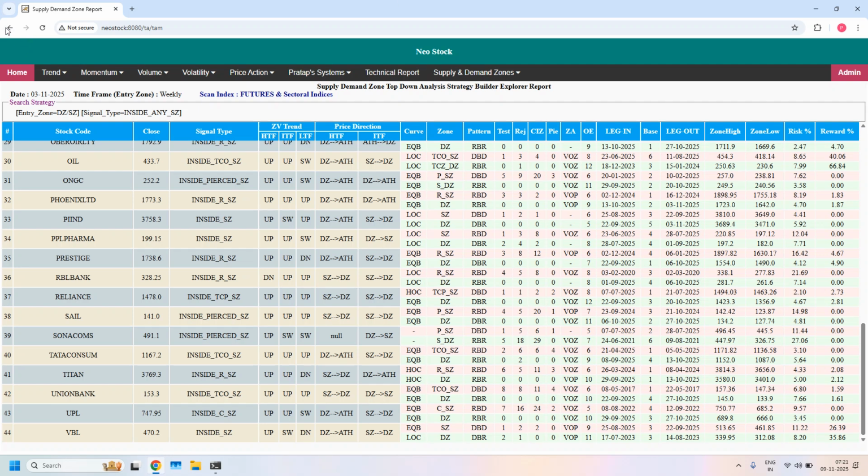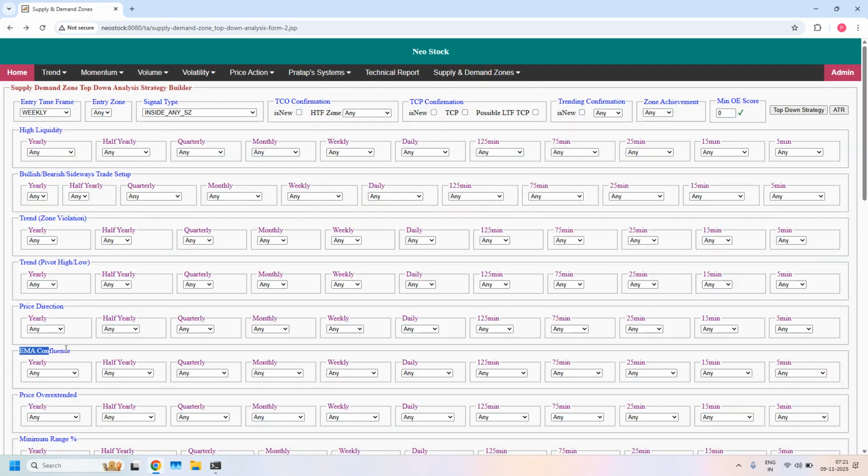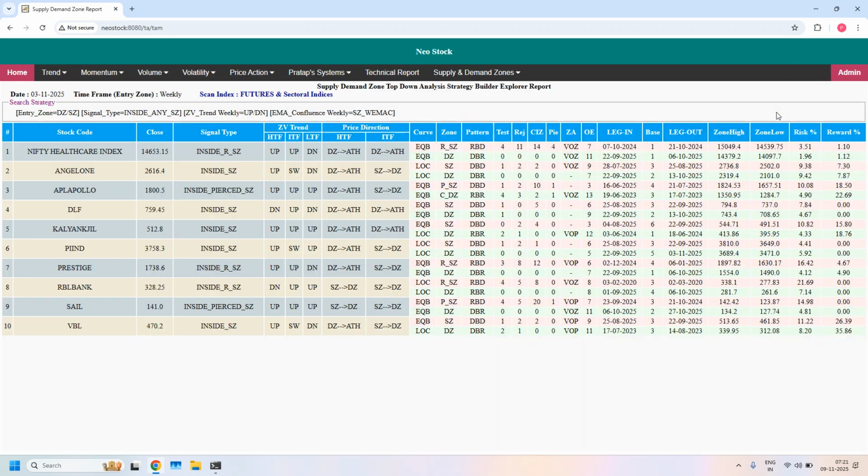We can further filter this list based on weekly supply zones having weekly EMA confluence. And also trend on the weekly should not be sideways. It can be up or down trend. So we got 10 stocks. So this is about weekly time frame.